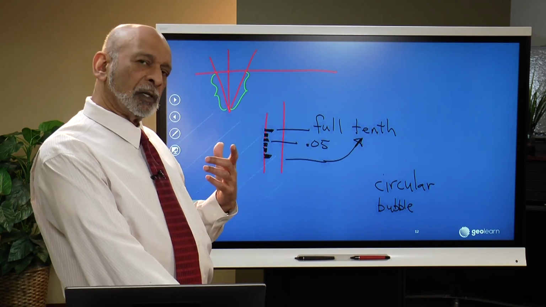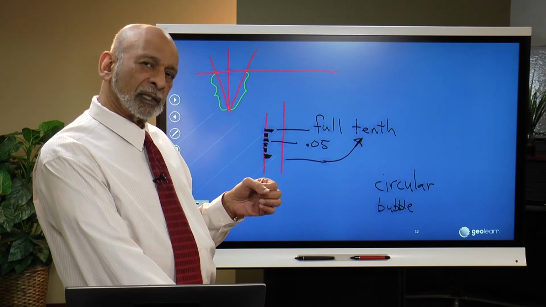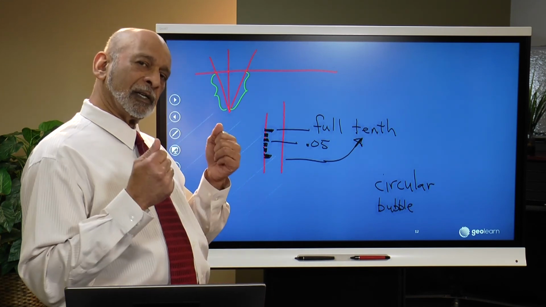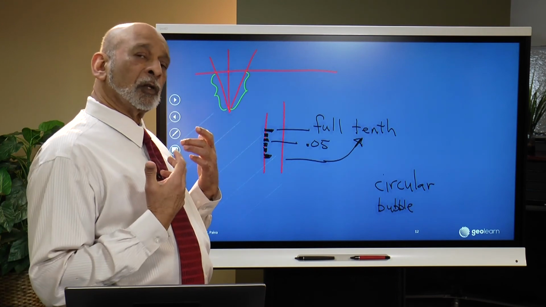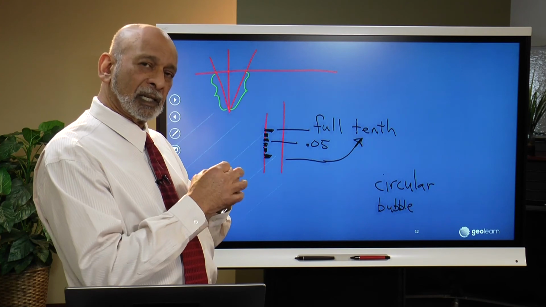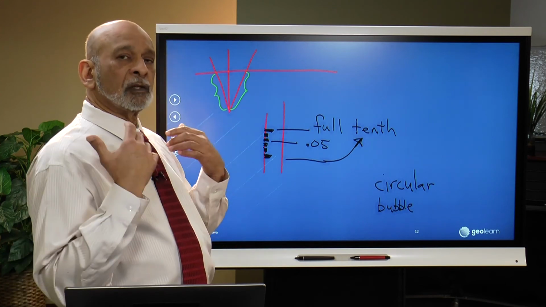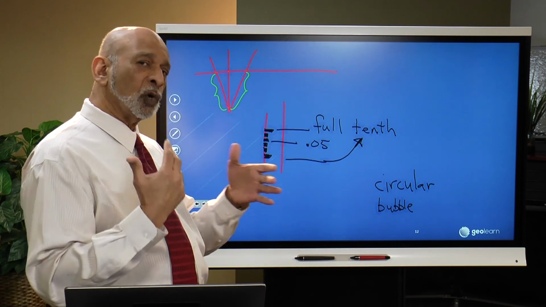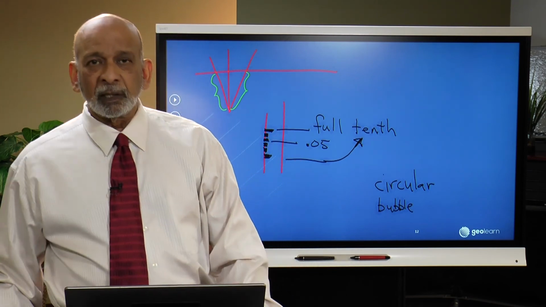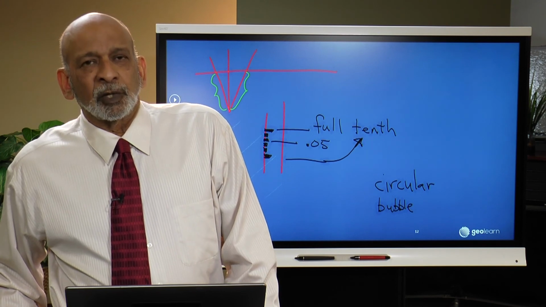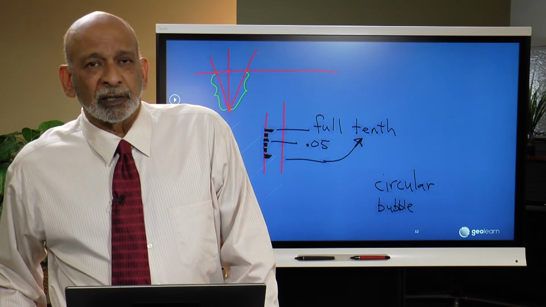So before you start your observation, you always want to check that the circular bubble is centered, and after you finish your observation, just before you're ready to pick up the level to move it to another position, you want to check again that the circular bubble is centered. If it isn't, then you repeat both your backsight and your foresight, because you don't know what happened in between, and you can't assume that your backsight was good and only your foresight was bad, for example.